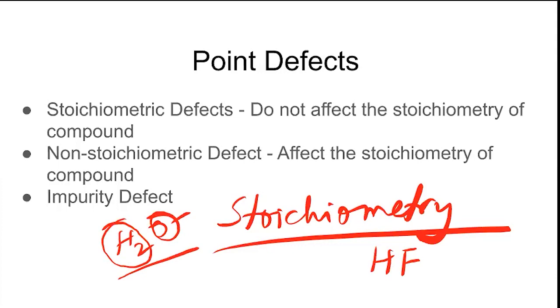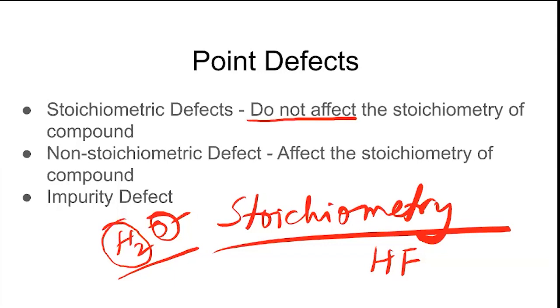This is called stoichiometry. In any molecule, the proportion of different constituents is constant. In a simple way, the proportion of different constituents of a molecule is fixed. So that is stoichiometry. So this kind of defects, stoichiometric defects, they do not affect.